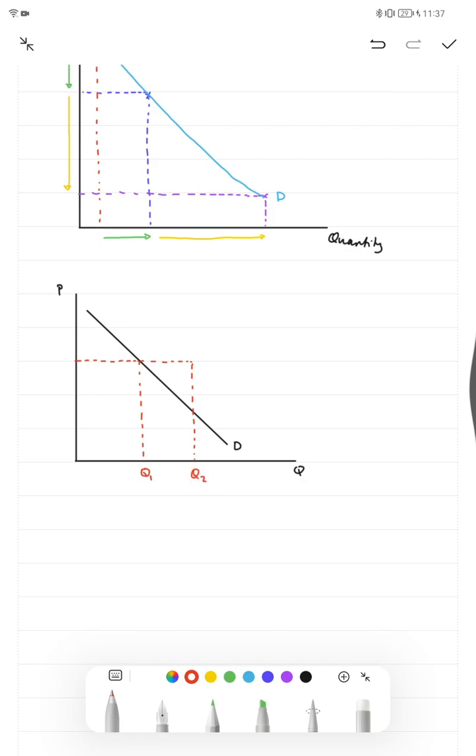So that would cause a shift in the demand curve. So from D, it would go out to D1. That is an increase. That means demand has increased. And you can also look at it in the same manner, that at the same quantity, people are willing to pay more for it.